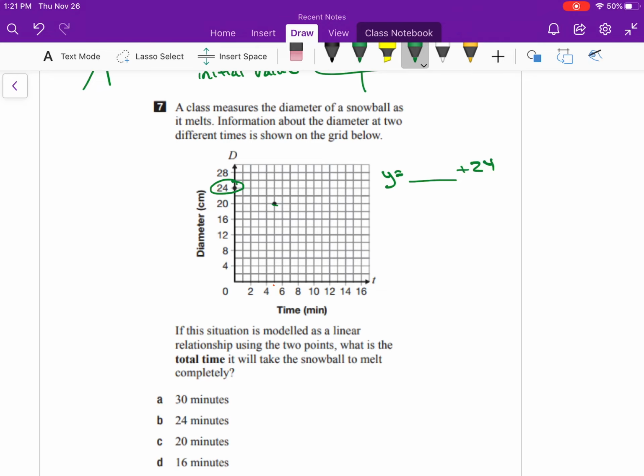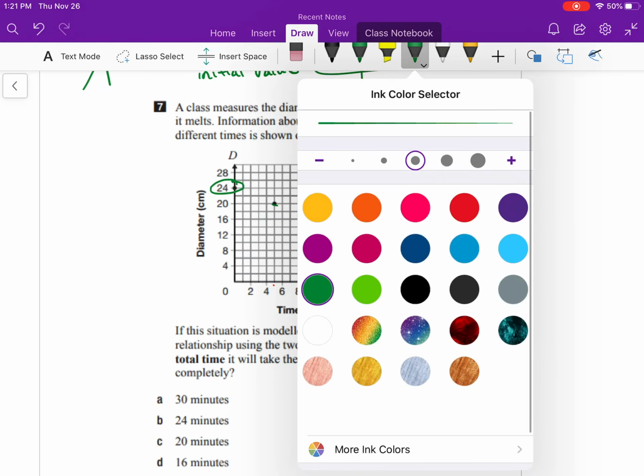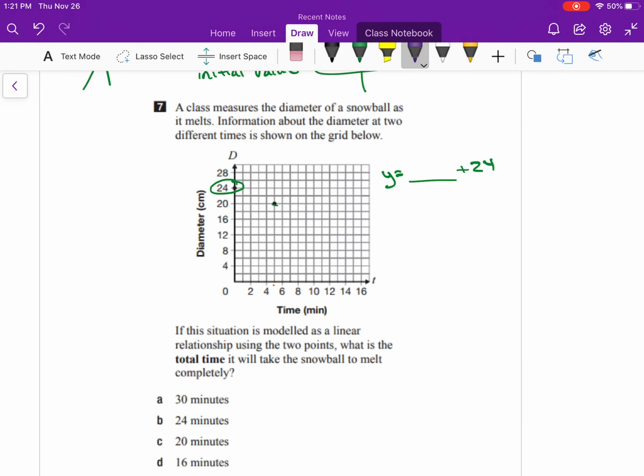And then if we want to find the multiplier, we could use rise over run, just to review that. We're looking to see what the rise, or the change in y, is here. These squares are all going up by 2, so this actually went down 4. So the rise is -4.